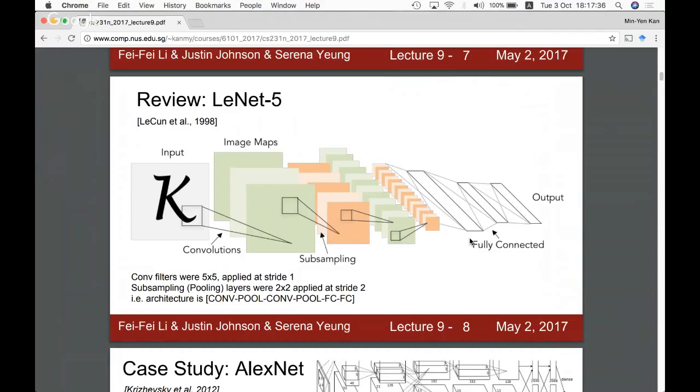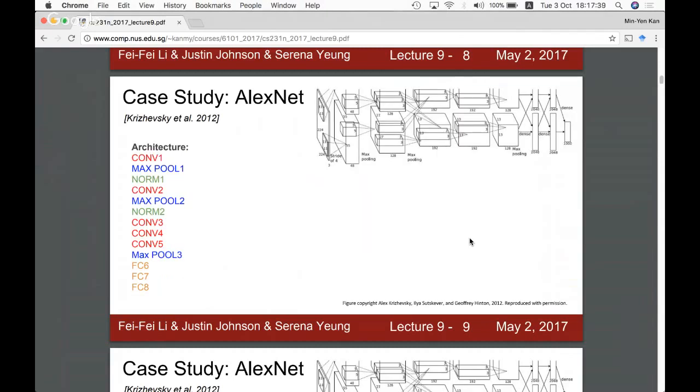In 2012, AlexNet was the first time a CNN architecture was used for large-scale image recognition.